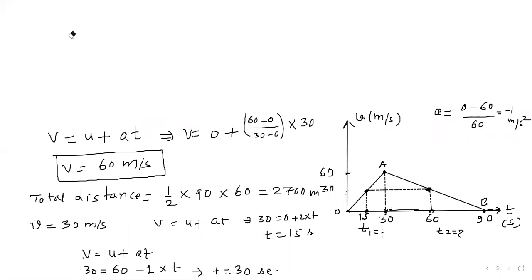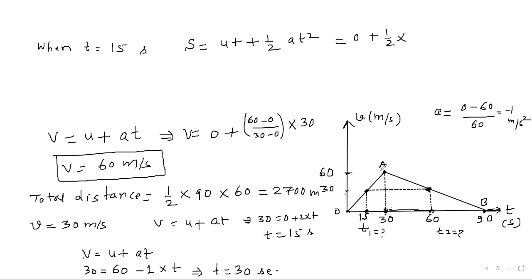So when t equal to 15 seconds, then what is the corresponding distance? So s equal to ut plus half at square. So u is 0 plus half.